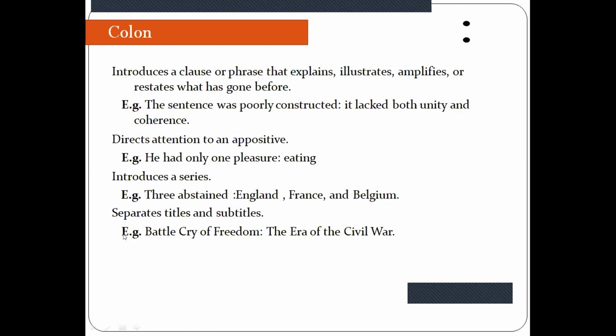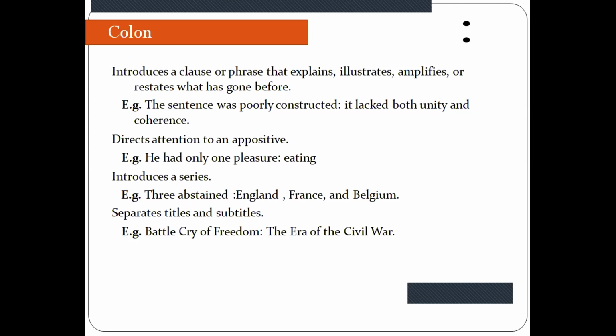So the next one is a colon. What's a colon? A colon, these are two dots, like two periods, one over the other. What do we use them for?